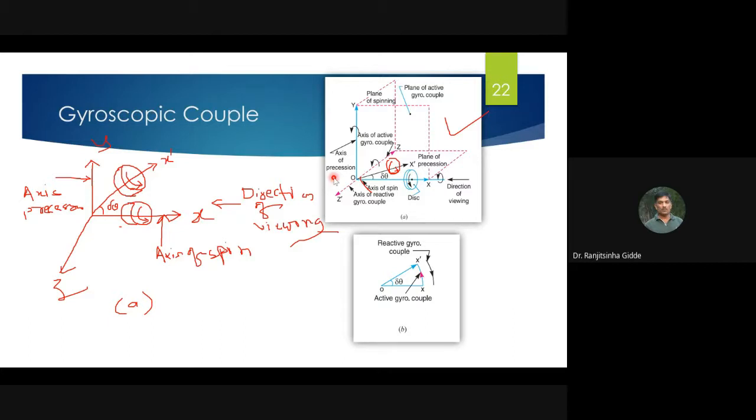Completed. So this diagram only I told you to draw. Don't draw this figure B. Okay, up to this completed.